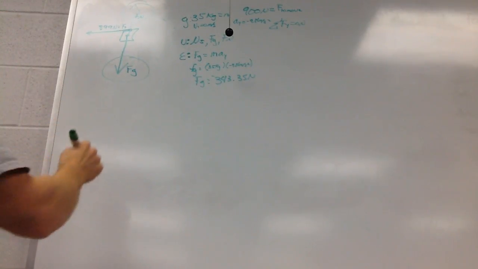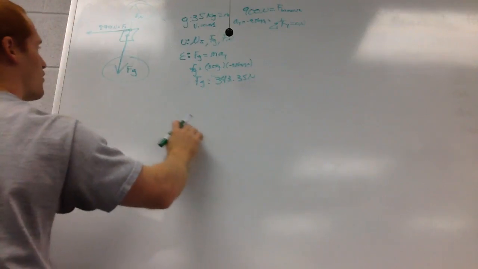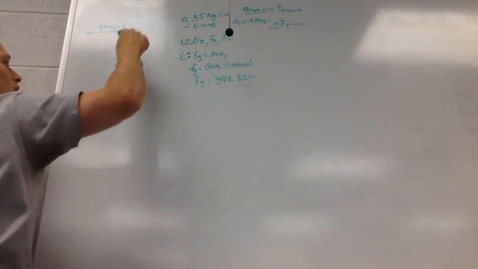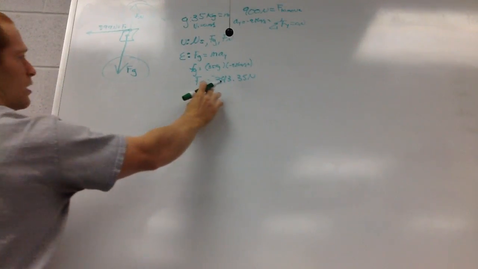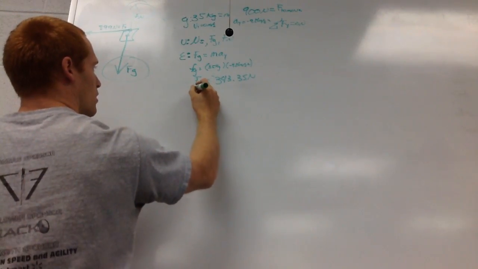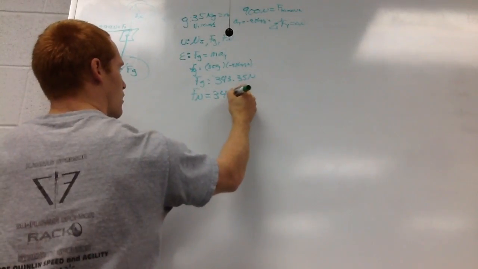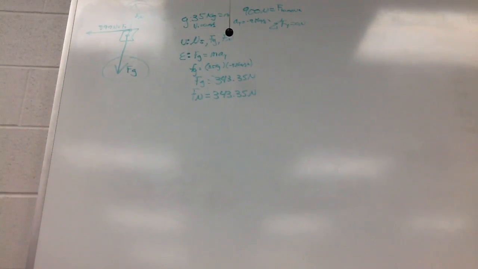We already know the force of gravity is negative 343.35. So to make the net force 0, the force normal is going to have to equal this number but be opposite in direction. So force normal is going to equal 343.35 newtons, positive because it's going upward.